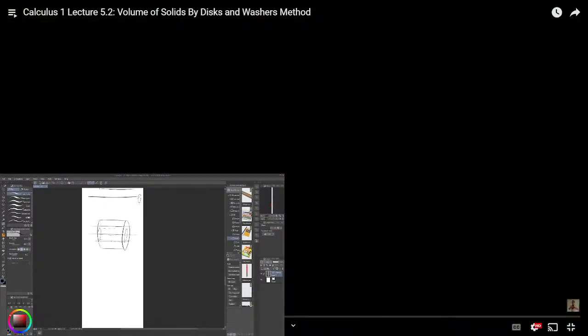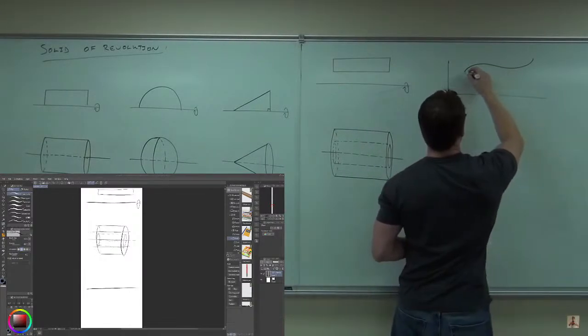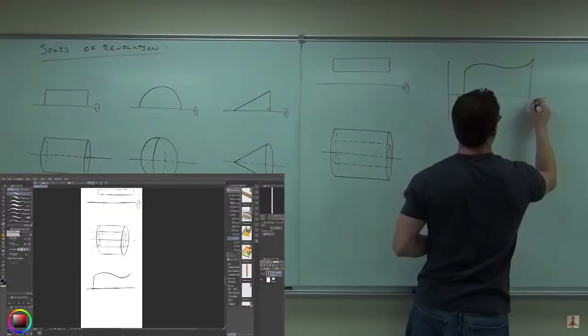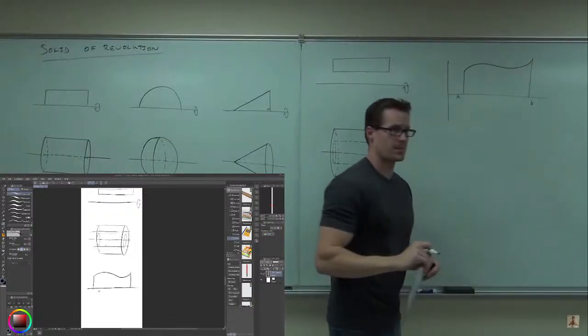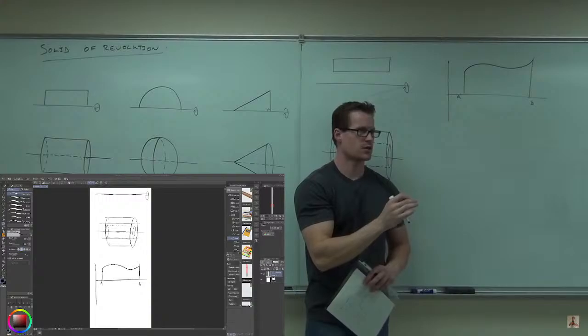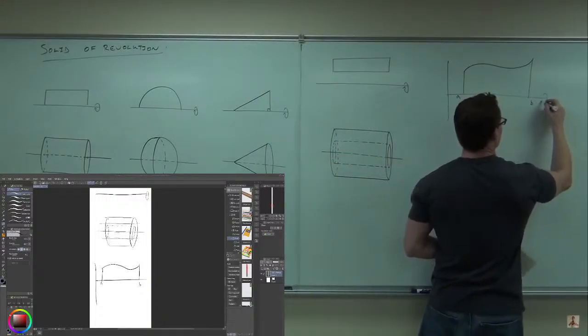What if I said, now what I'd like you to do is take my favorite function from A to B and sweep that thing out. Now that's not a regular shape. That actually has a curved edge. So I can't use any of those geometrical principles, but what if I did that?